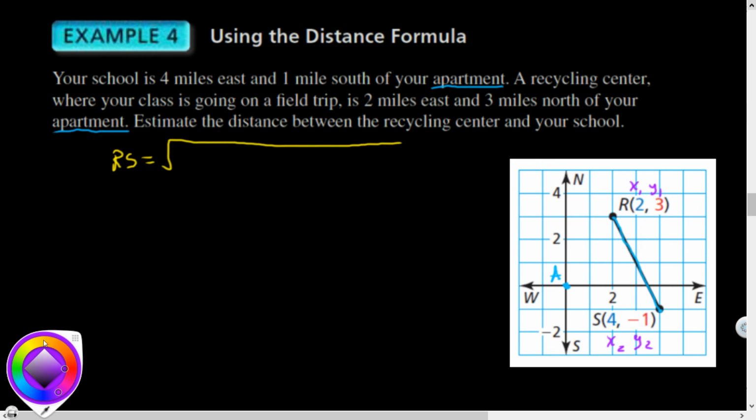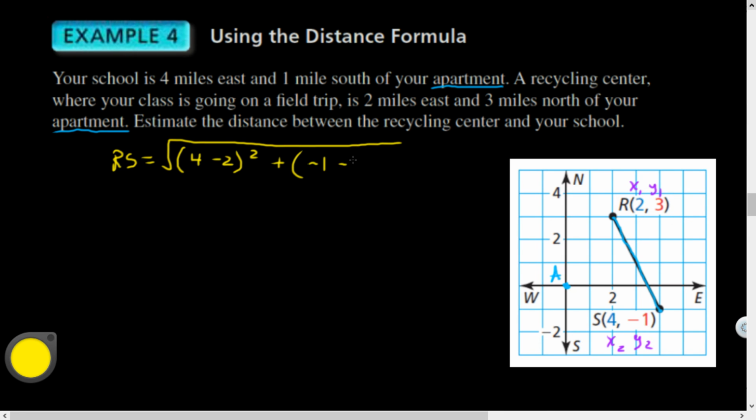All right, and I'm going to plug it in and evaluate. So the square root of X2 minus X1, so that's 4 minus 2, all squared, plus, parentheses, Y2 minus Y1, so negative 1 minus 3, all squared.